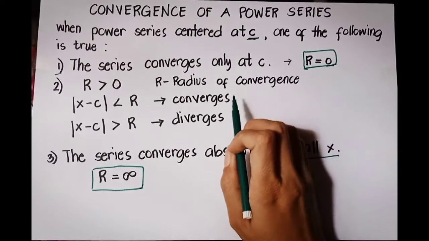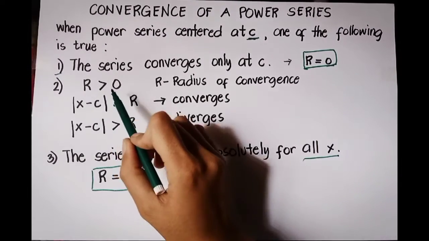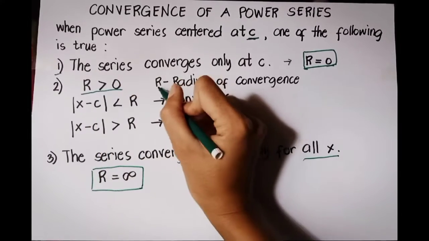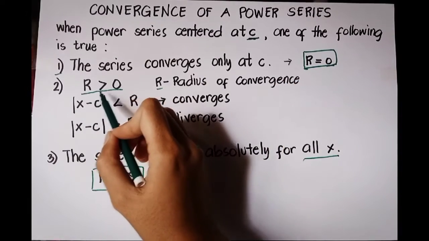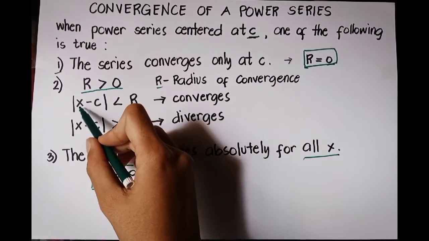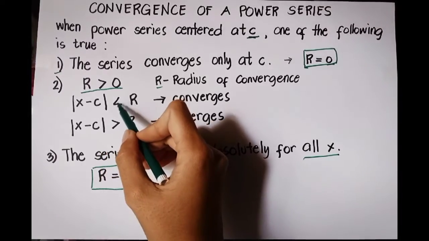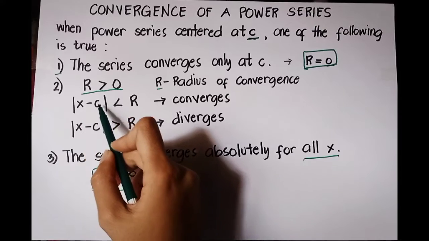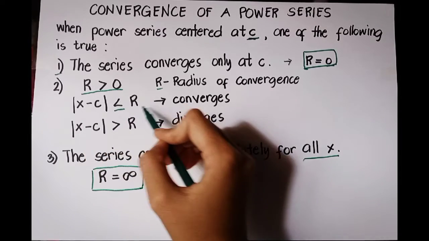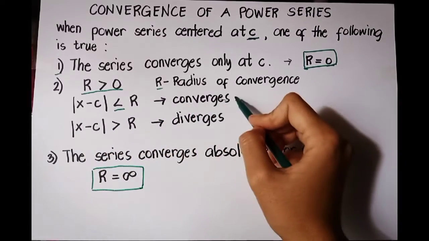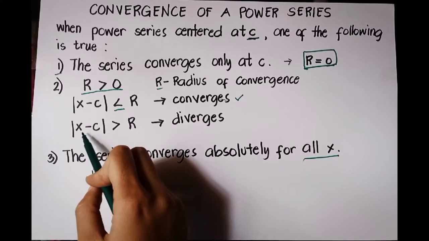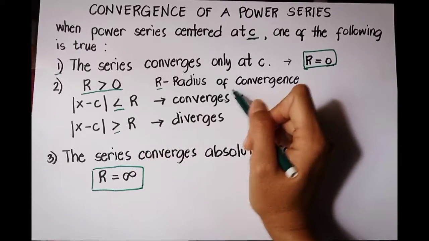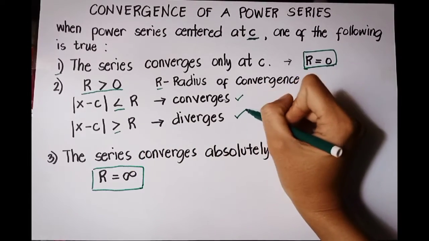In our third case, there exists a real number r, the radius of convergence, r greater than 0, such that if the absolute value of x minus c is less than r, then the series absolutely converges. But if the absolute value of x minus c is greater than r, the radius of convergence, then the series diverges.